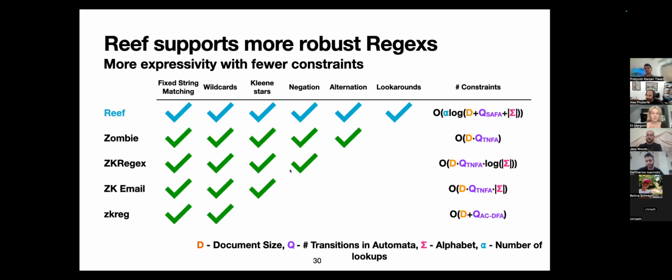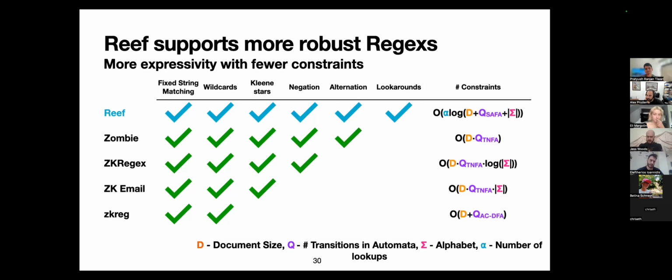So we're seeing whether we can adapt some of the techniques there. We're also looking at using Reef for a number of other applications that are a little bit more complicated than just straight regex matching. I don't know, Jess, if you want to talk about your compiler work at all.